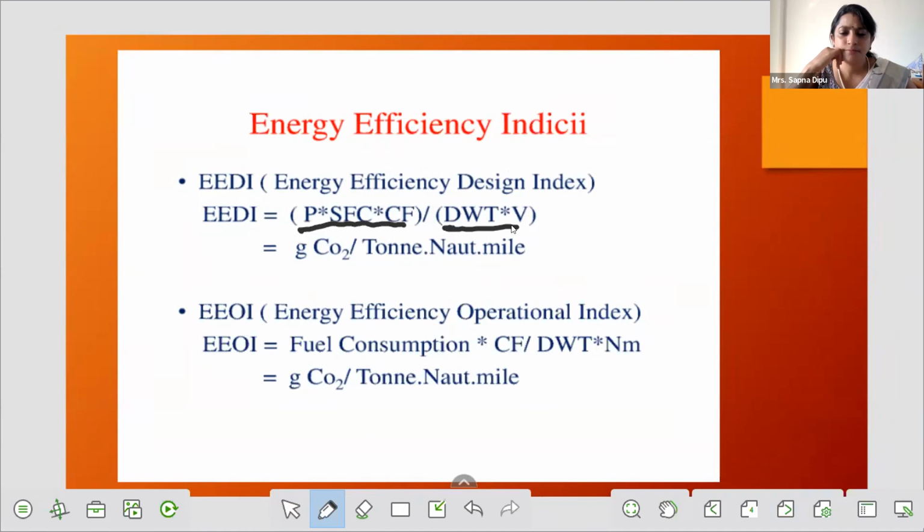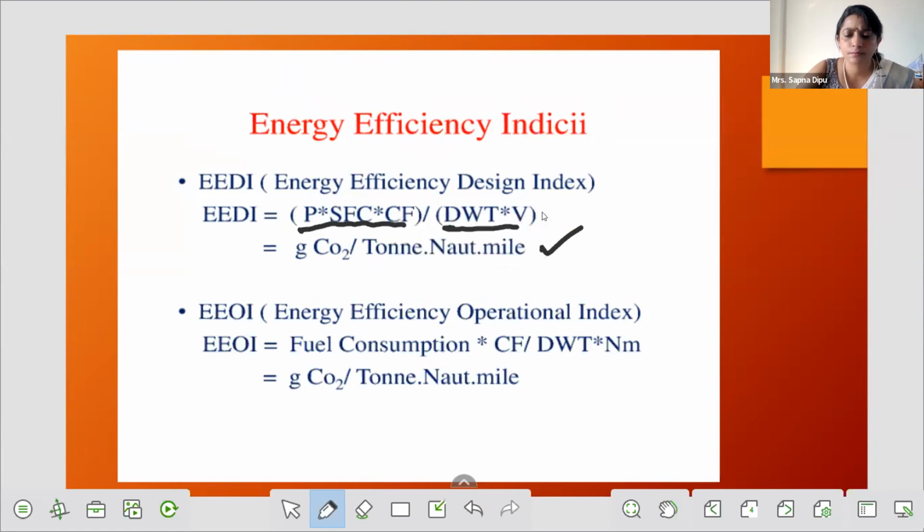So the power multiplied by the specific fuel oil consumption multiplied by the conversion factor basically gives you how many grams of CO2 it is emitting when it is transporting a ton a nautical mile distance. These are the units: grams of CO2 per ton-nautical mile. That is the EEDI.